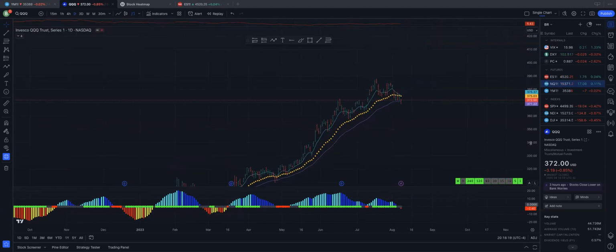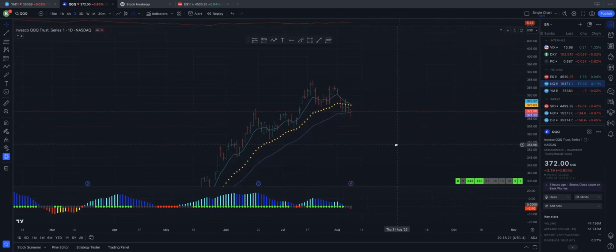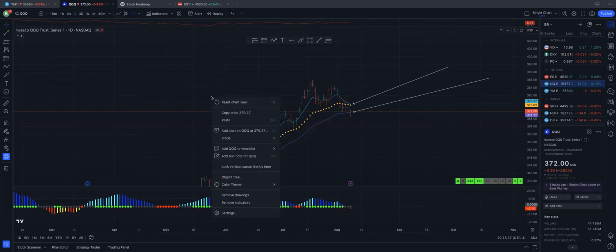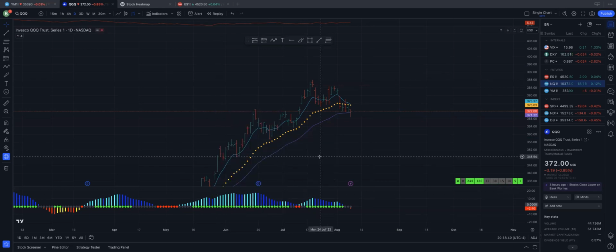Okay. So if you remember what we were talking about, I think the daily is in a downtrend when the 8 EMA crosses below the 34. We haven't had that yet. So we're still in an uptrend on the daily time frame. So what am I looking for on the lower time frame?